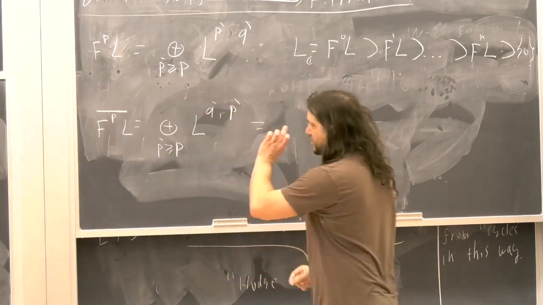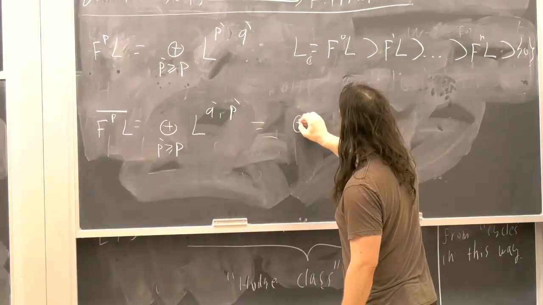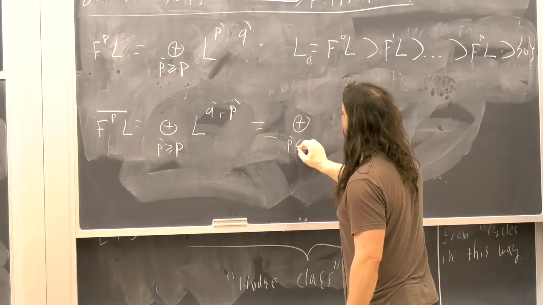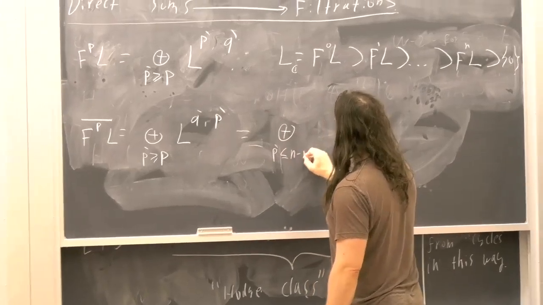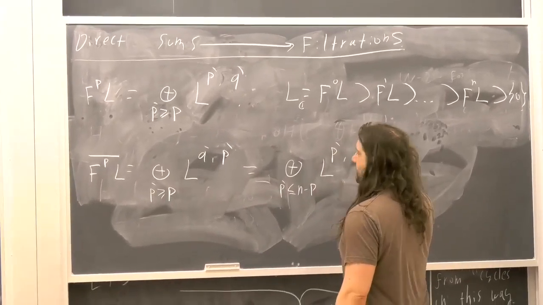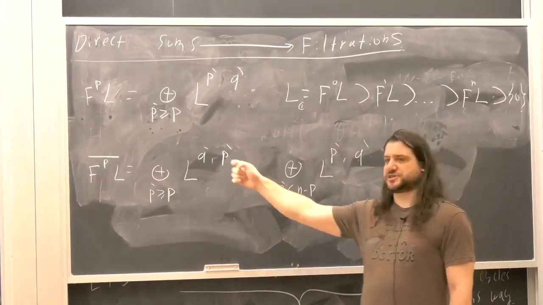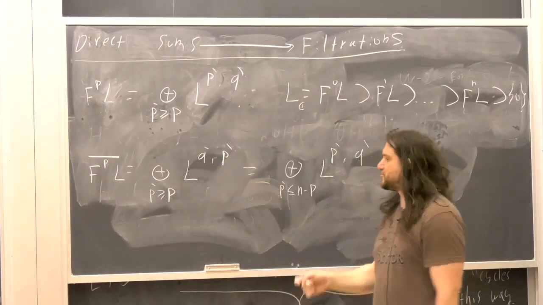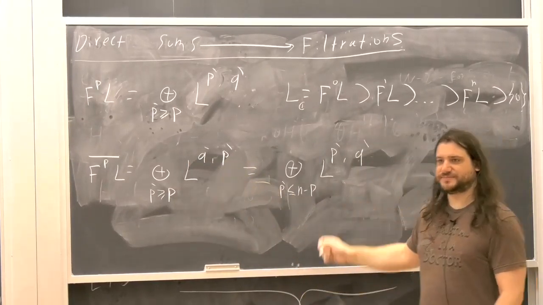And let me just flip things a little bit. Direct sum over P prime at most n minus P of L_{P',Q'}, because these two sum to n. So if I just reindex, I get this kind of thing.